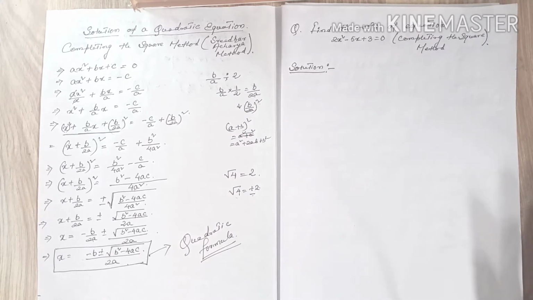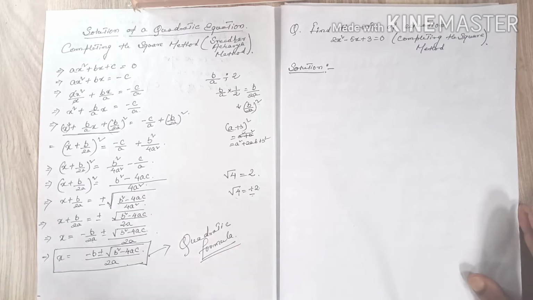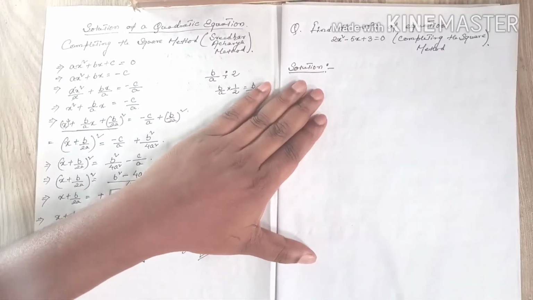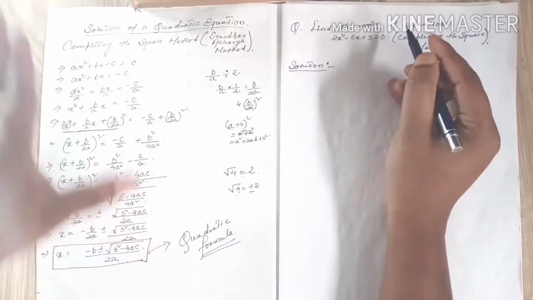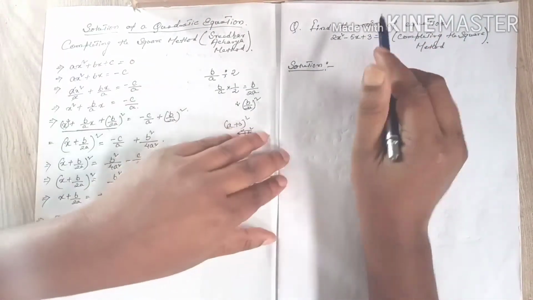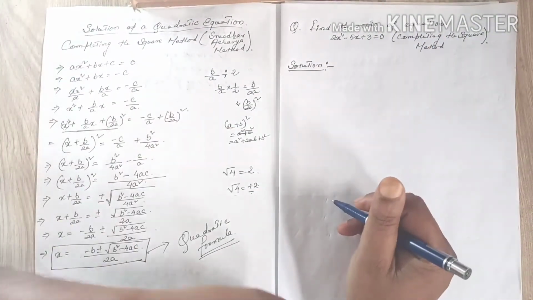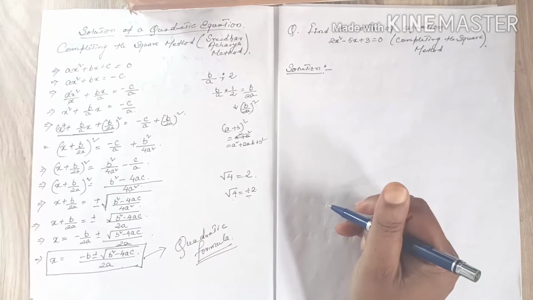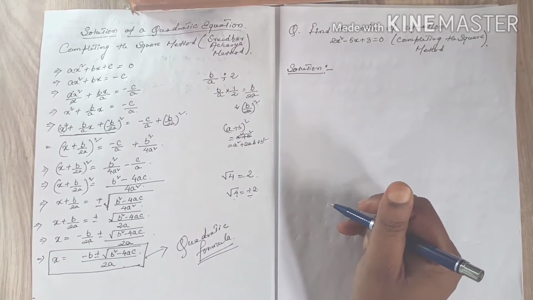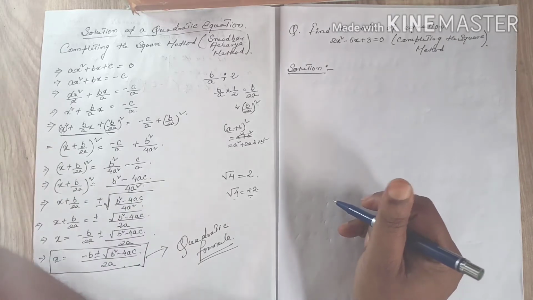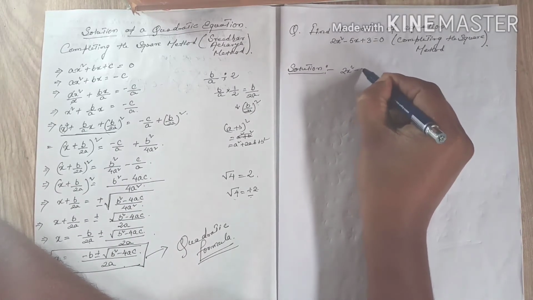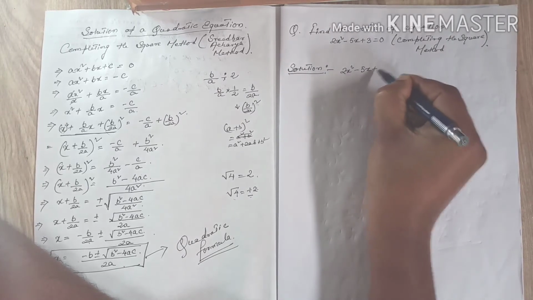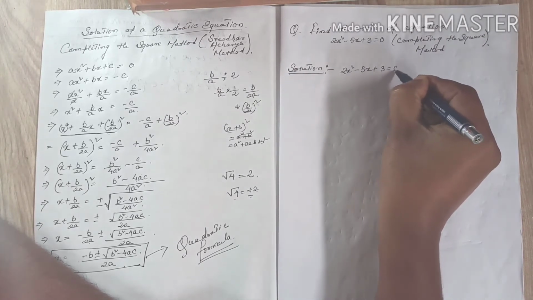So let us see how to solve this question by the completing the square method. The same steps you did here, you have to follow here also. Now the question is 2x square minus 5x plus 3 is equal to 0.